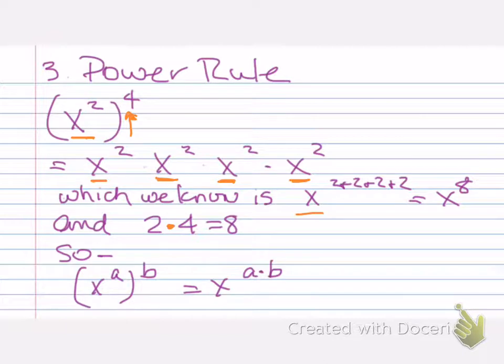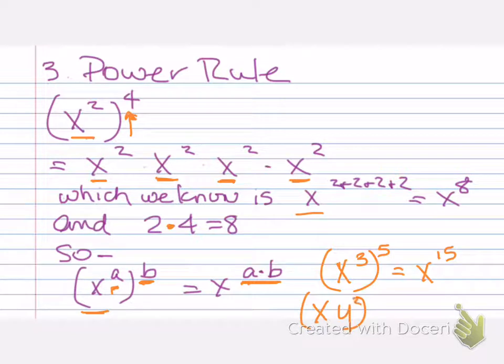So the power rule is easier because we know if we have a base that already has an exponent, if we raise it to another exponent, all you do is just multiply the 2 exponents. So if we had x to the 3rd raised to the 5th, that would be x to the 15th. If I had x, y, and let's say the y was squared and I cubed the whole thing, then I would have x cubed, y to the 6th.